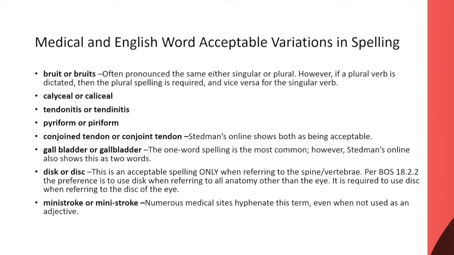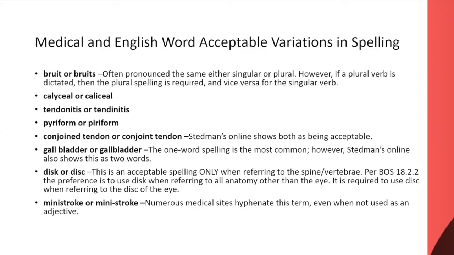Disc, D-I-S-K or D-I-S-C. This is an acceptable spelling only when referring to the spine or the vertebrae. Okay, and you'll see that per BOSS 18.2.2. But the reference is to use disc when referring to all anatomy other than the eye.